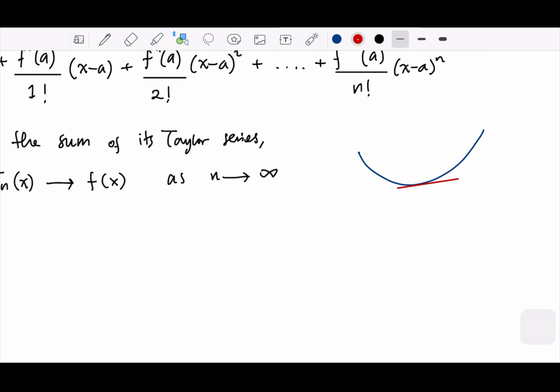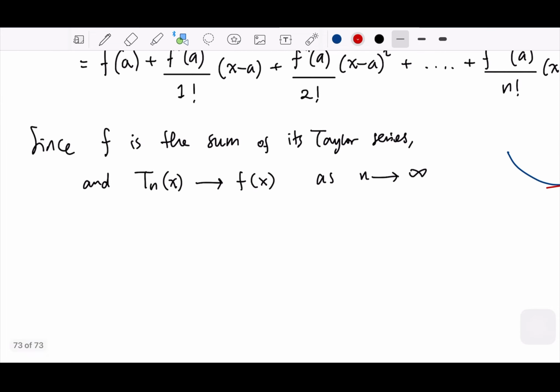Okay, and if we take just the first degree of the sum, we have f(a) plus f prime(a)(x minus a). This is precisely the same as our linear approximation.